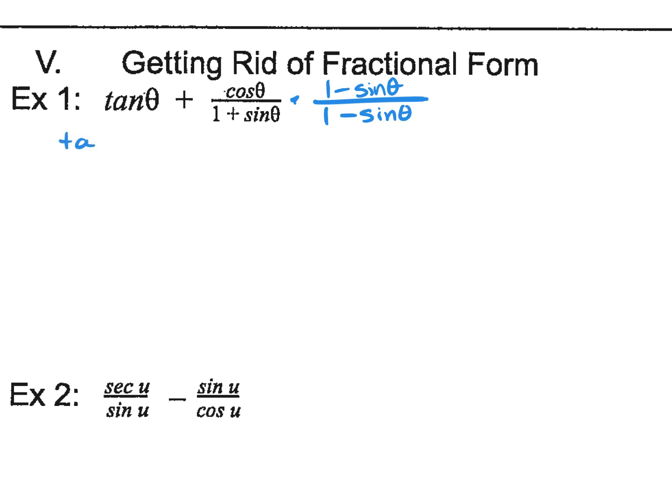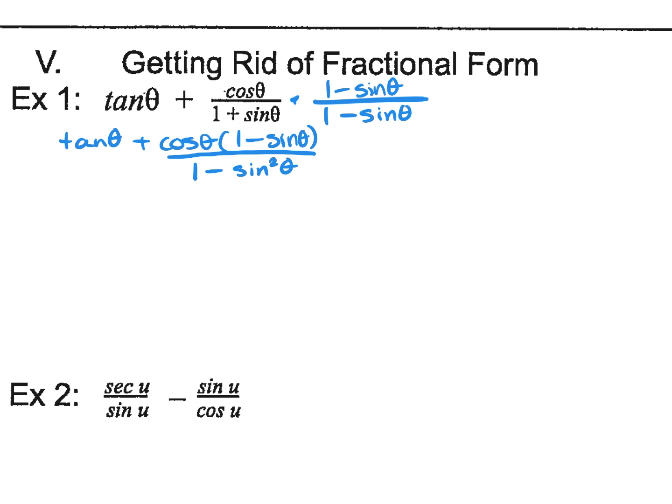this becomes tangent of theta plus cosine times 1 minus sine, and just to not skip steps, this becomes 1 minus sine squared, doesn't it? All right.